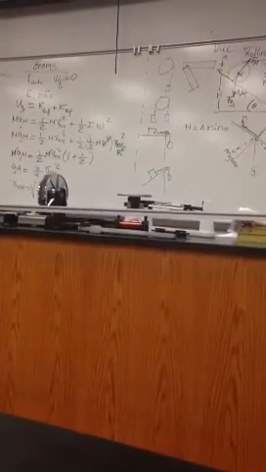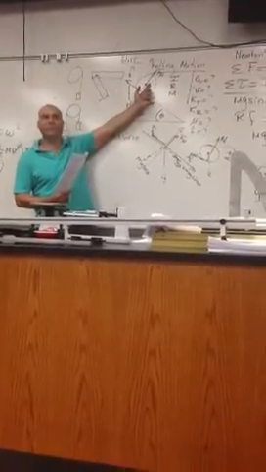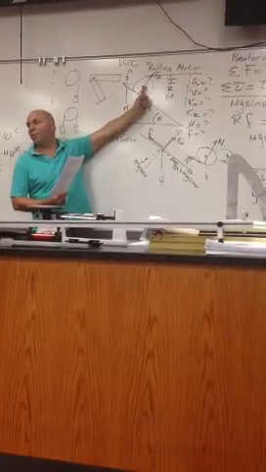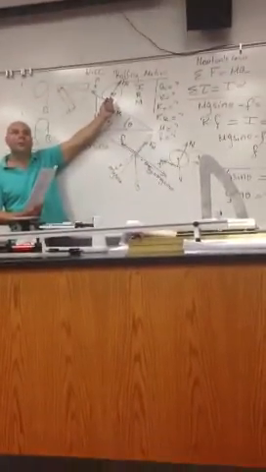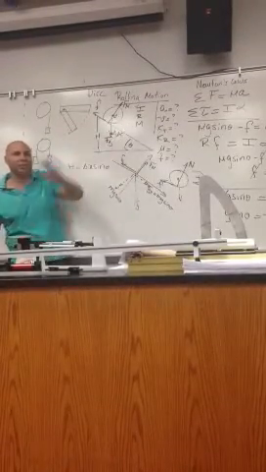The question: find the linear acceleration of the center of mass. So what am I changing here? The moment of inertia. What is the object that I gave rolling there? A solid sphere. What will be the moment of inertia of a solid sphere? 2/5 mr squared. That's the only thing that's changing.